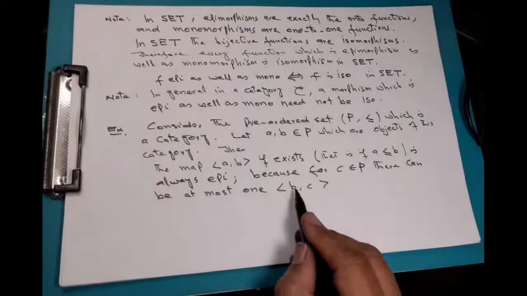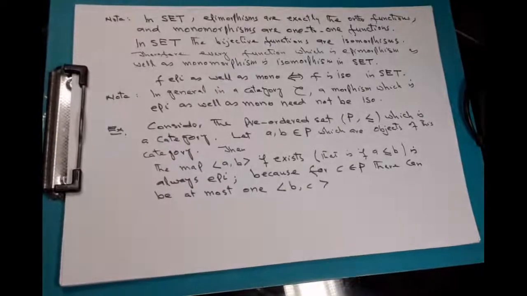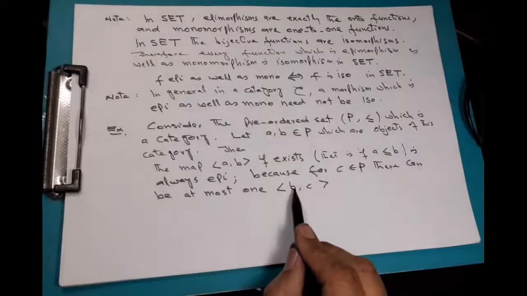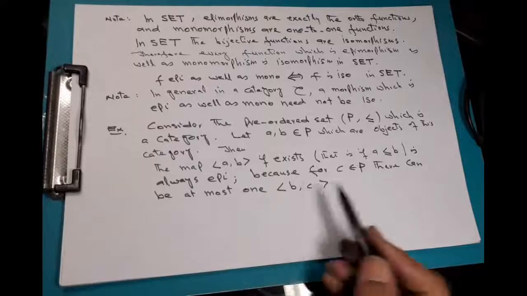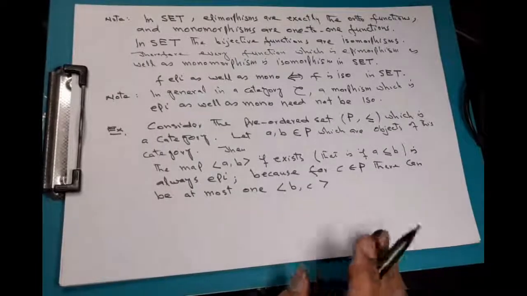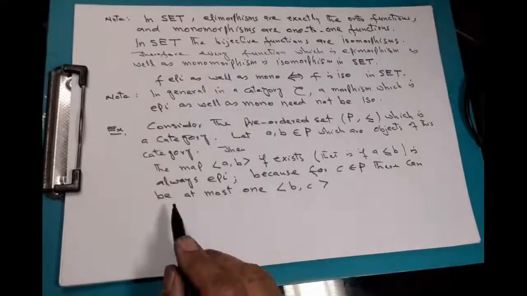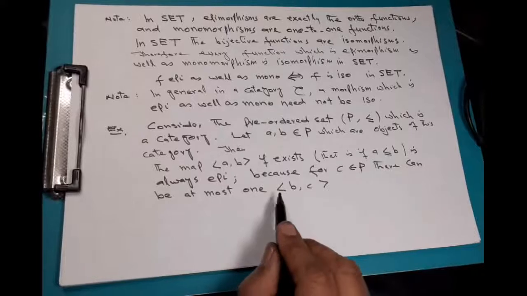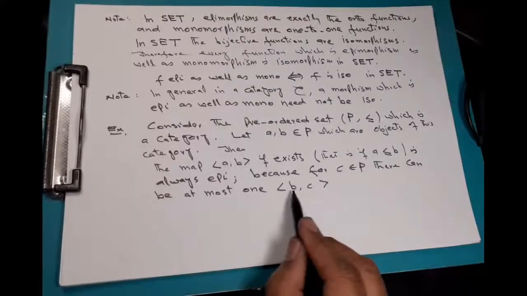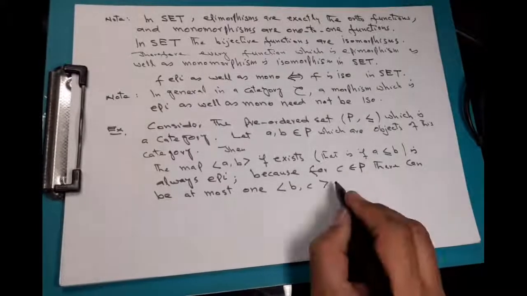From B to C, there can be at most one arrow. Either there is an arrow from B to C if B is related with C, or there is no arrow from B to C. So we are saying that there can be at most one arrow from B to C.